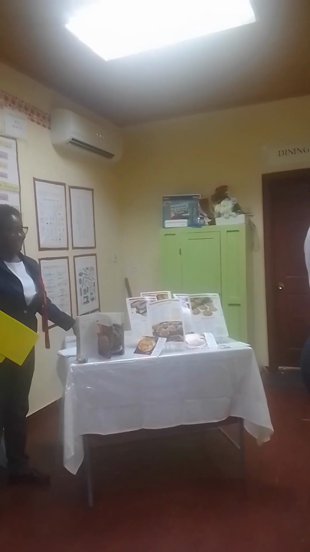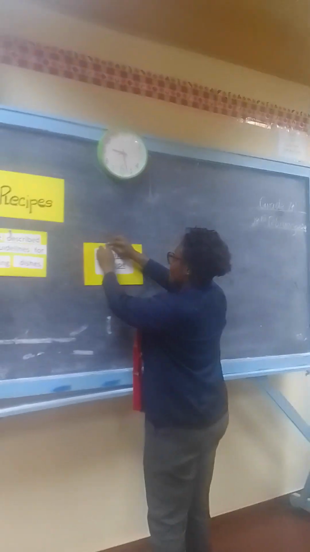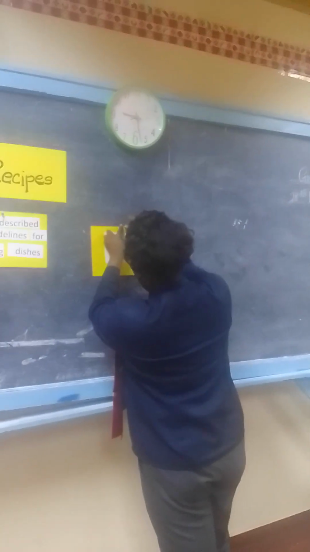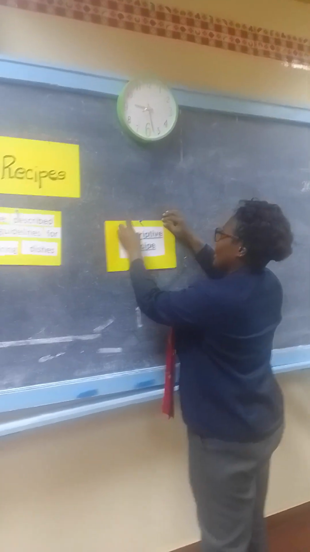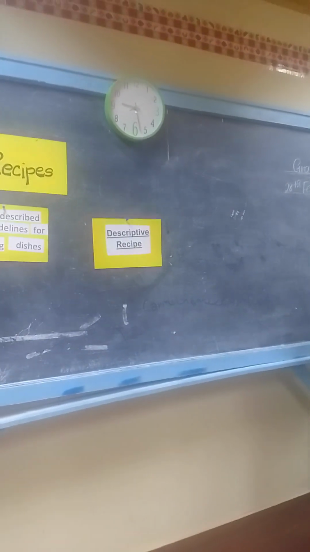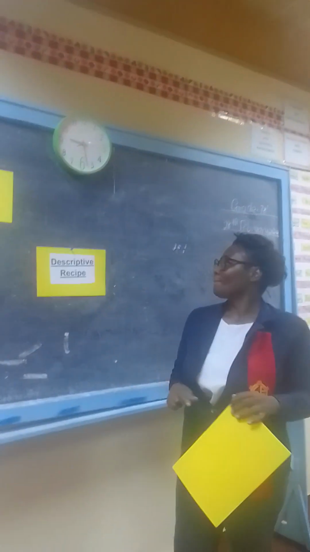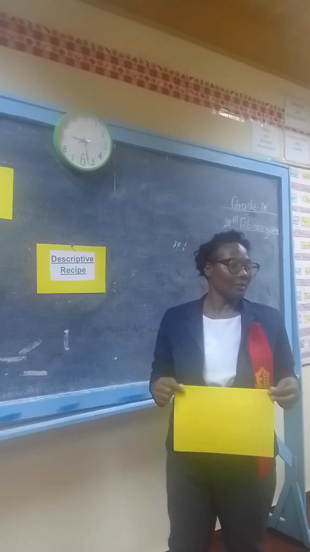So can somebody identify the first type of recipe for me? Miss, descriptive recipes. Yes, so the first type, we have descriptive recipes. Very good. So there are 3 types, and the first we have is descriptive, right? Do you have a definition there? Yes, it says it's a format that has pictures that help the person making the recipe really know what they're doing.